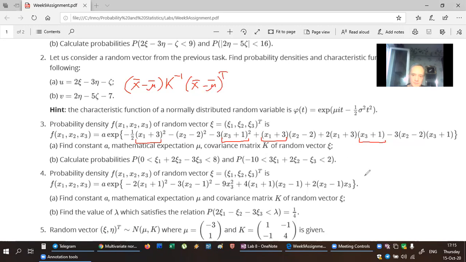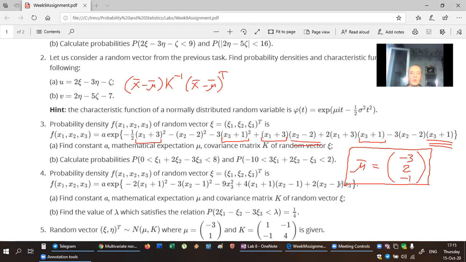So we can conclude that mu has the coordinates minus 3, then for the second component, it's 2, and for the third component, it's minus 1.